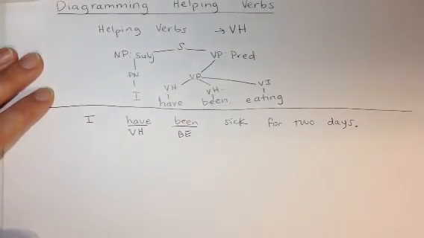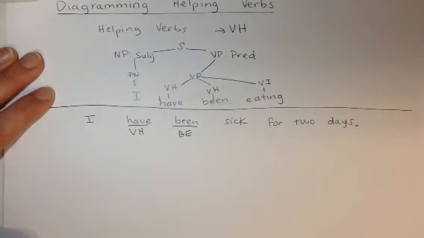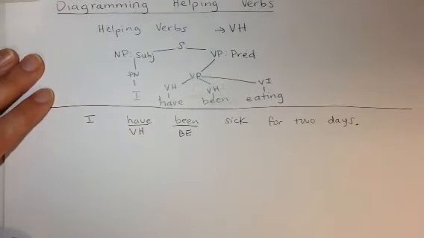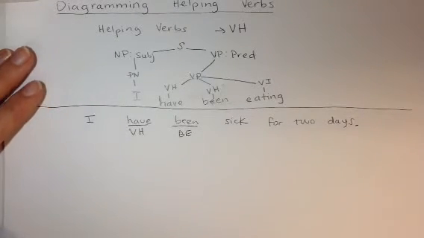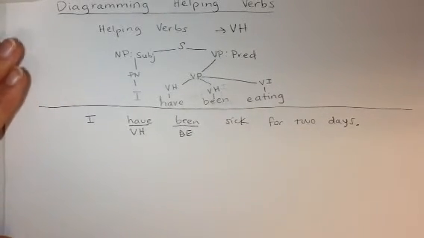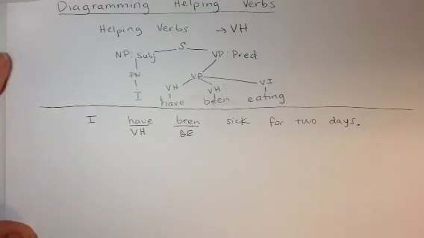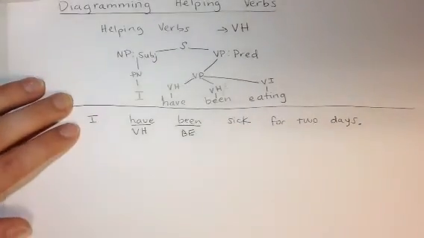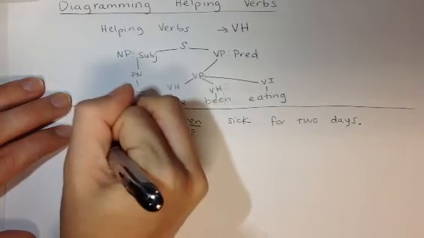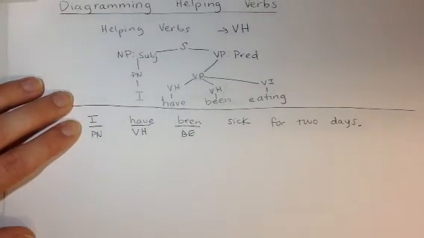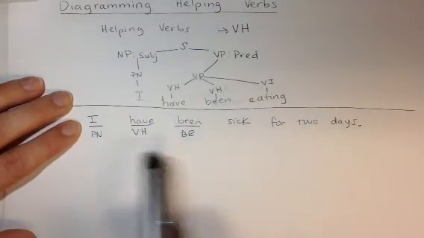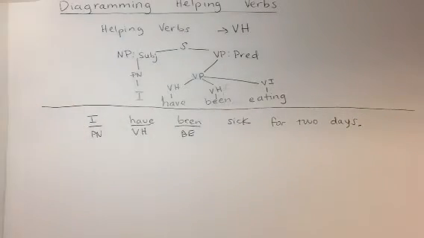I have three options. I either have a predicate adjective, a predicate noun, or a predicate adverb. So, basically equating I, the pronoun, with what it is. So in this sentence, I have been sick for 2 days.